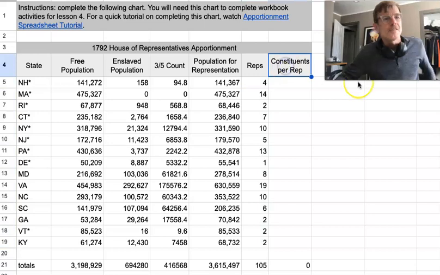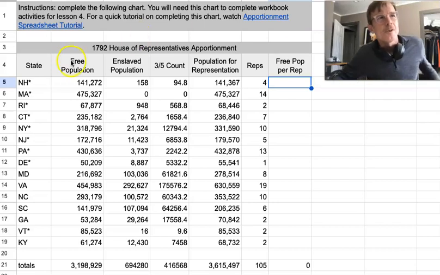Now, we're going to change this cell to say free population per rep. So if we divided the free population by how many representatives they get, how many people would each representative represent? And I'm just showing you how to manipulate the spreadsheet.